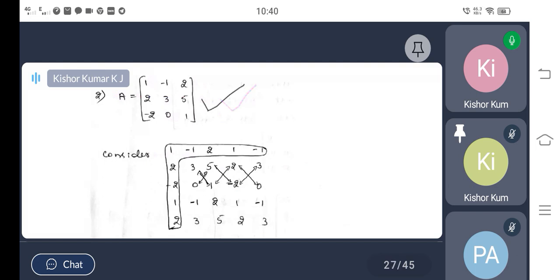So it may take a long time. Instead of doing that, you can use this shortcut method. But in your main examination, when you are writing this, compulsorily you have to mention this. This is compulsory. Okay, but you are only going to get the adjoint of the given matrix.